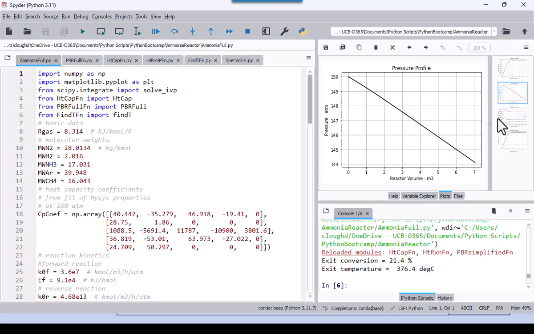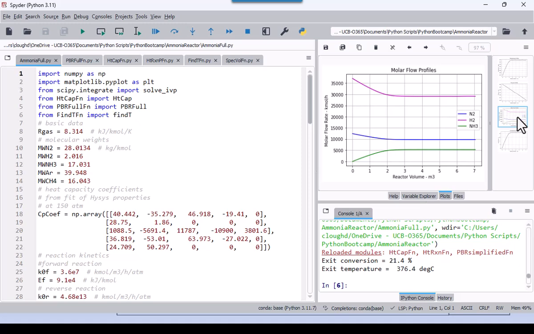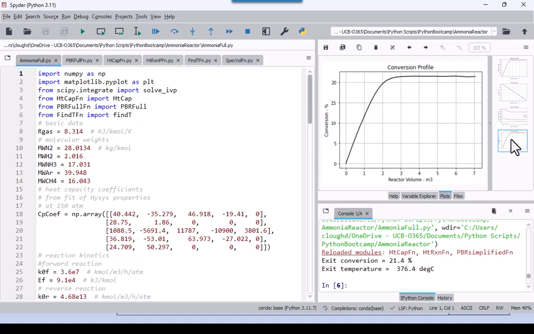That is what the Ergun equation gives us. Our molar flow profiles look similar to what we had before in terms of how things proceed. I think they may flatten out a little bit earlier in the reactor than they did with the simplified model. And then we look at our conversion, and the conversion profile looks somewhat similar.